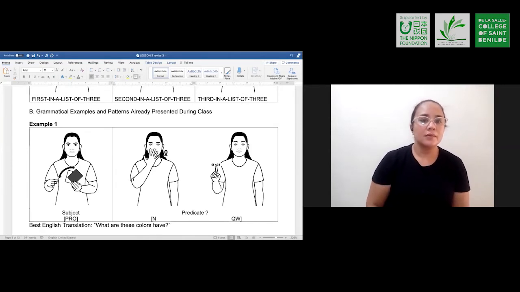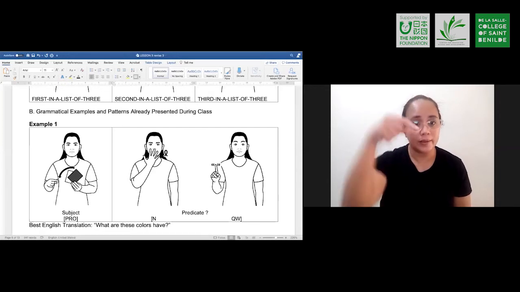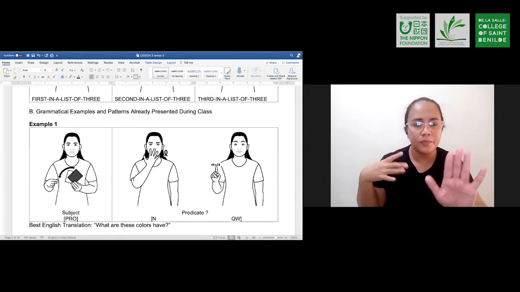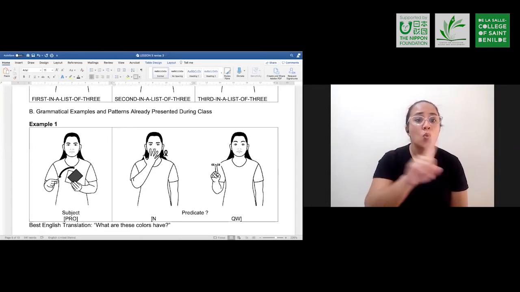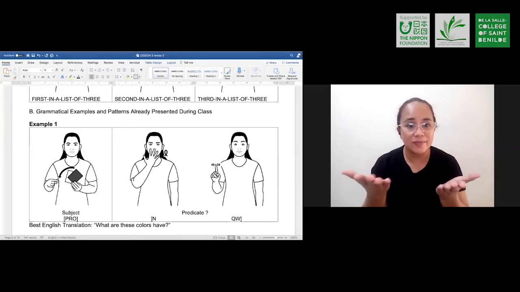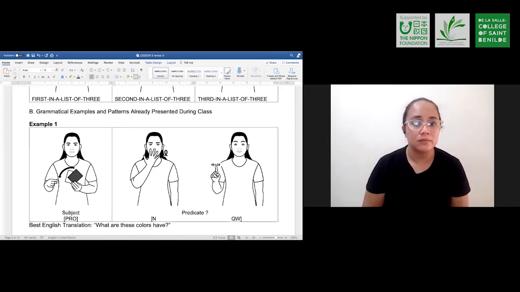Okay. Next one. Sorry. What are these colors here? What are these colors, or what are these colors here? So list color what?